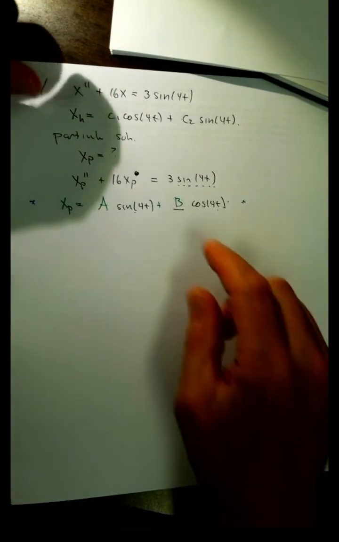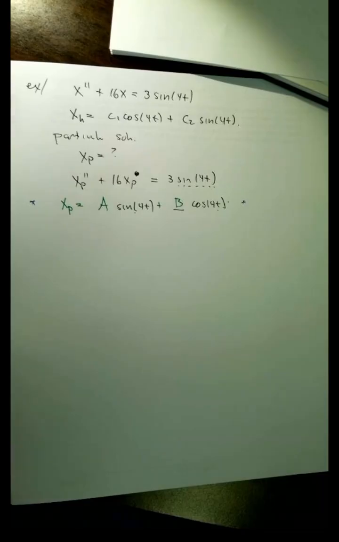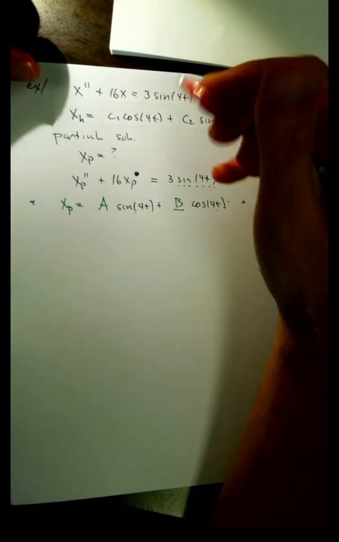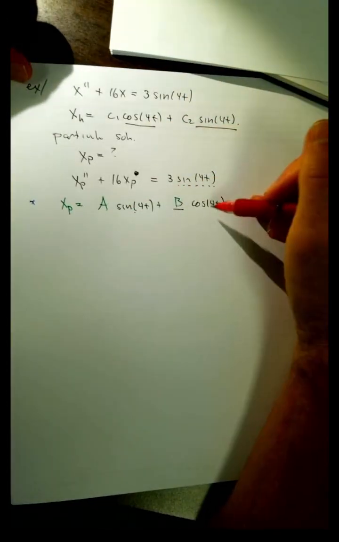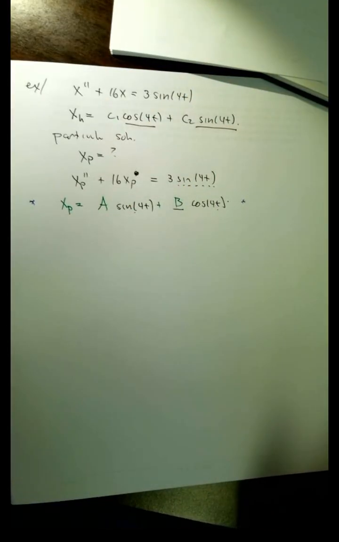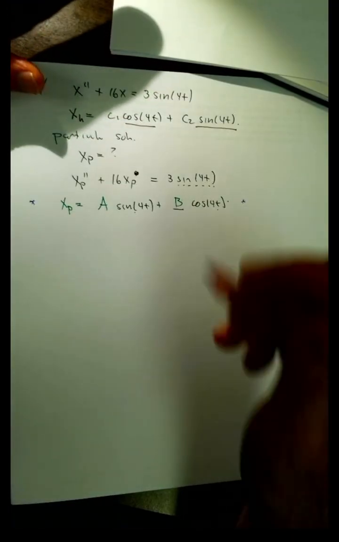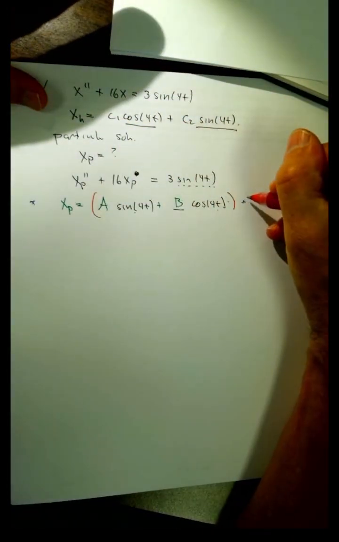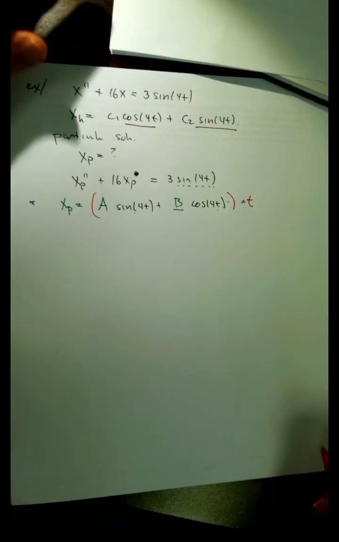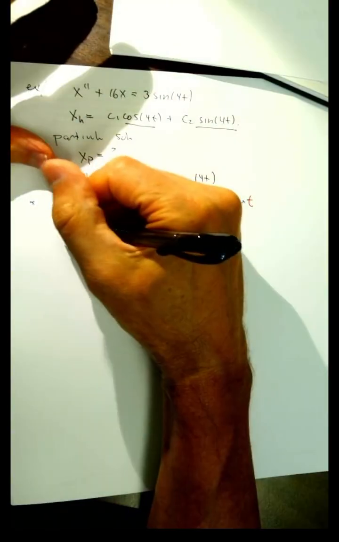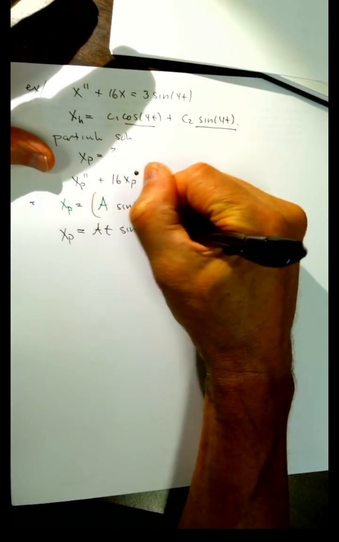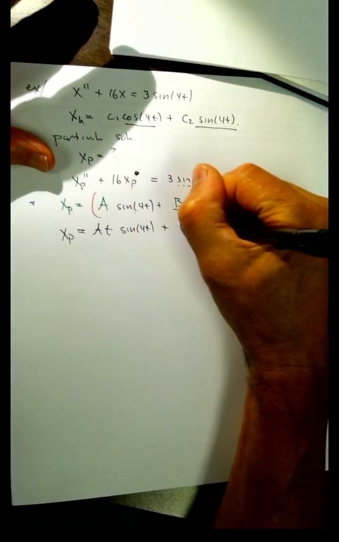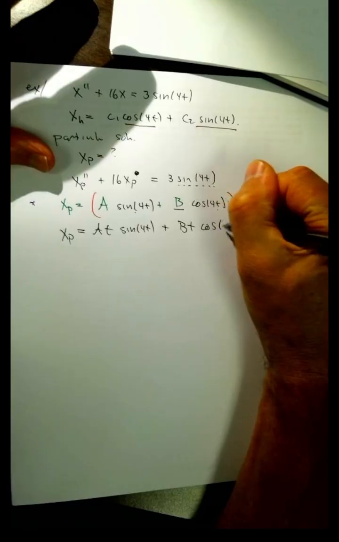Now, before I start plugging this in to see what happens, I should already note this is not going to work. I already know if I plug in sine of 4t or cosine of 4t, it's just going to add up to 0. So I have to take this whole thing and multiply by t. So that means my particular solution, my guess, is going to look like at sine of 4t plus bt cosine of 4t.